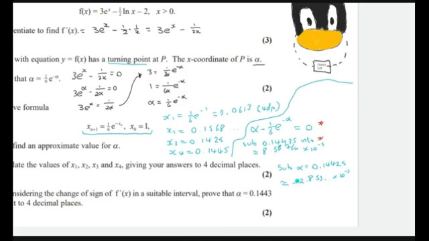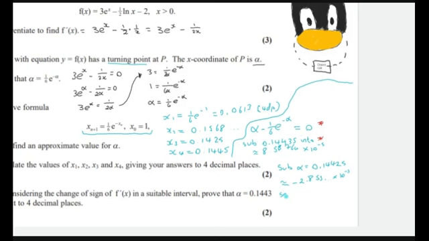So what's ended up happening is, because we've got this equation equals 0, we substituted in the upper bound, and that gave us a positive answer. We substituted in the lower bound, which gave us a negative answer.